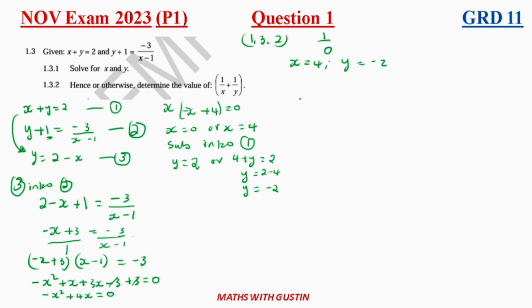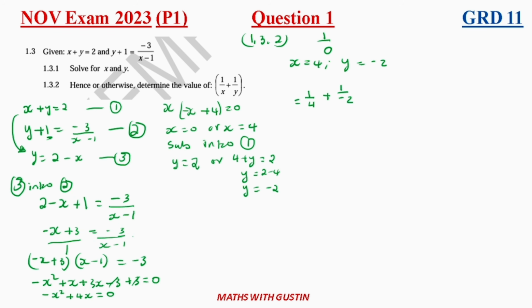So therefore our value here would have to be 1 over 4 plus 1 over negative 2. Okay, so guys, you can just go ahead and put this into your calculator and find out the value thereof. Simple, straightforward, guys. I'm going to leave this one for you to just finish off. I mean, it's just fractions, so you can go ahead and deal with that one.